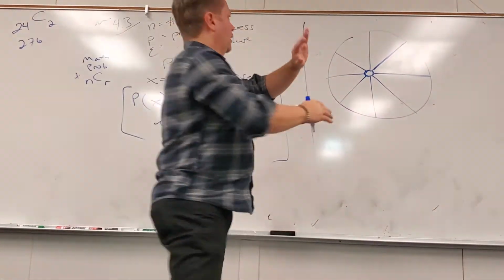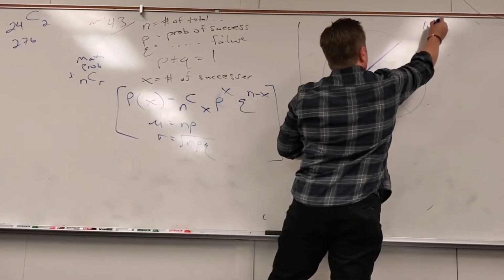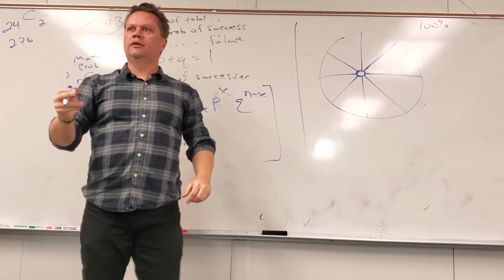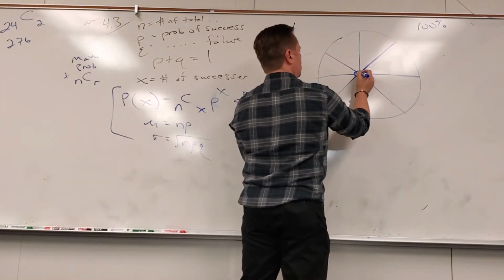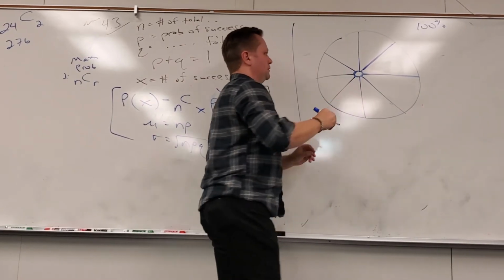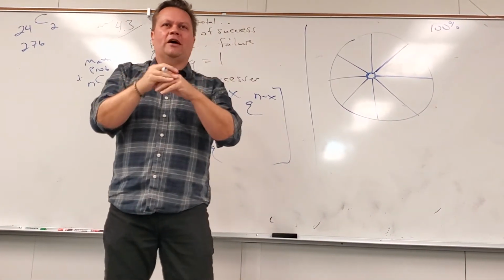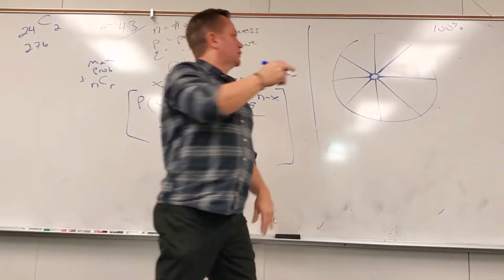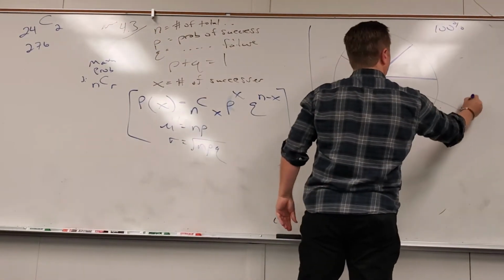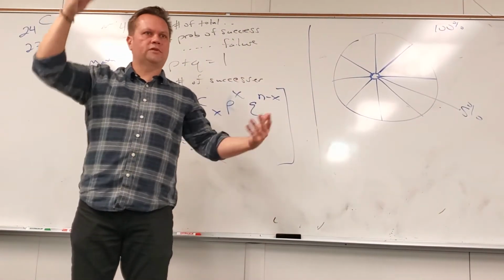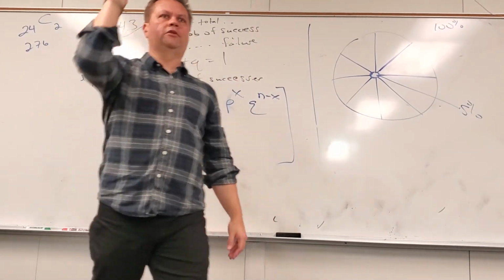So if I said the area of this dartboard is 100%, which kind of makes sense, I could estimate the area of this little dude. Say 10 or 5%. Let's say 5%. So what's the probability that I would get a dart in there? 5% chance.